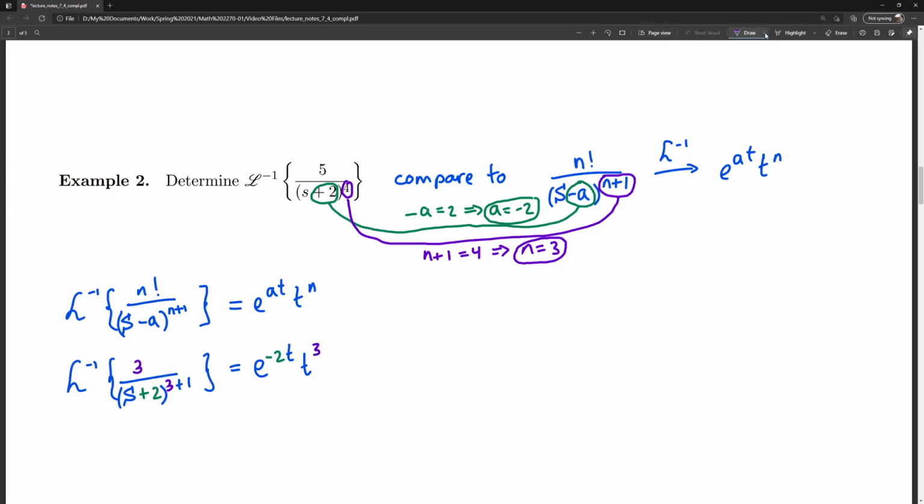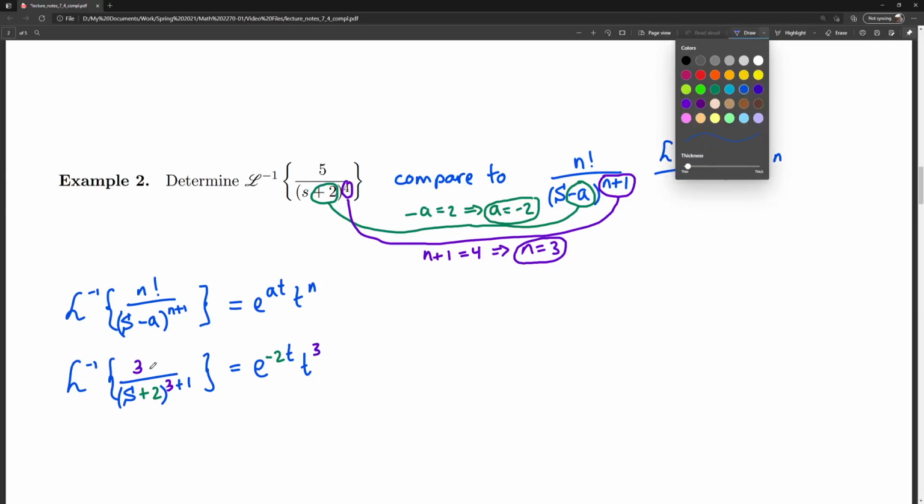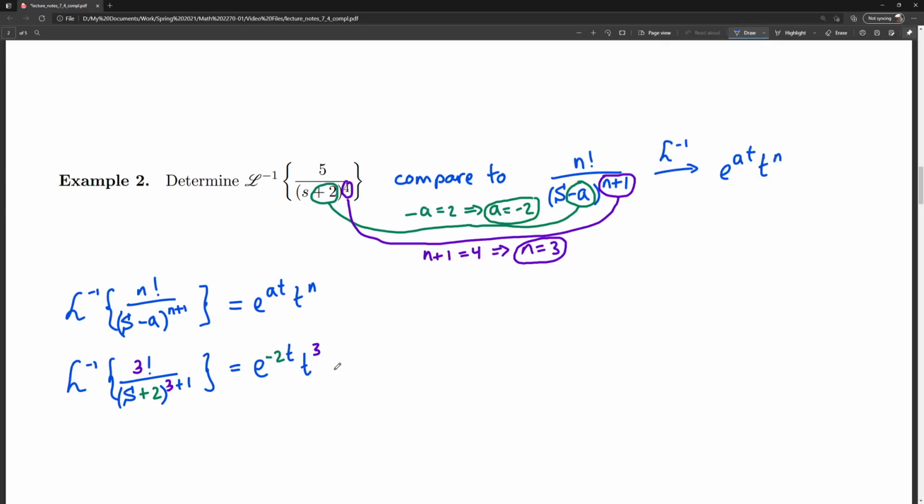Oh, and I forgot my factorial here. So that's 3 factorial, or 6. So the Laplace inverse of this is this. And so we're almost there. We have a 5 instead of a 6 here.